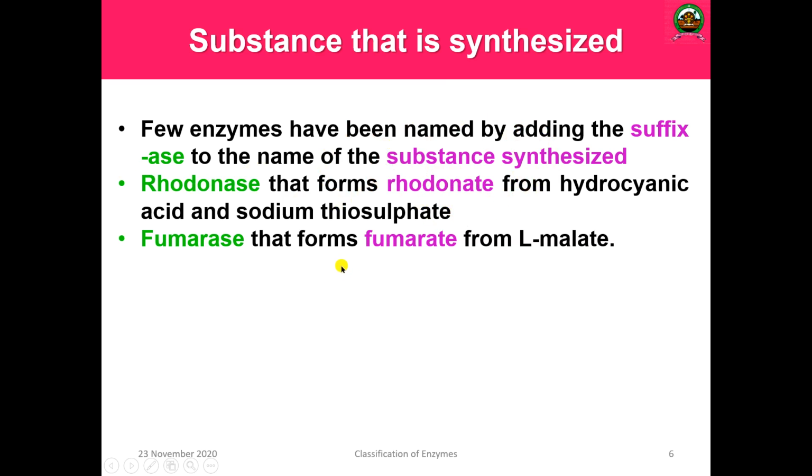Similarly, fumarase forms fumarate from malate. Malate is converted into fumarate by an enzyme called fumarase. So the substance that is synthesized, the end product, can also be the basis for naming the enzyme.